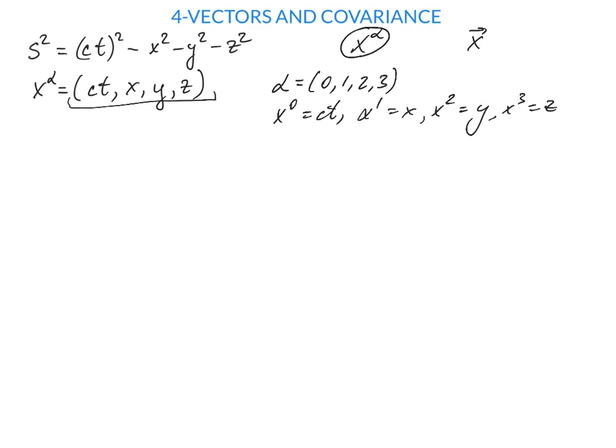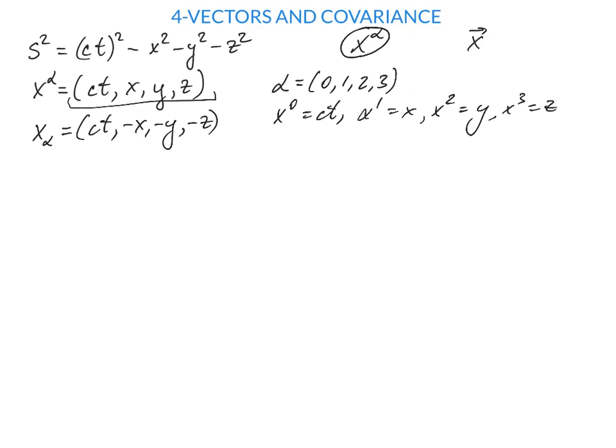Now, this notation will be called contravariant, or alpha is a contravariant index for reasons that will become clear later, and then it appears on top, x superscript alpha. Now, in addition to these components, we'll introduce a different notation with a subscript, x sub alpha, and it looks the same, but the spatial components have an opposite sign. So this is called a covariant index.